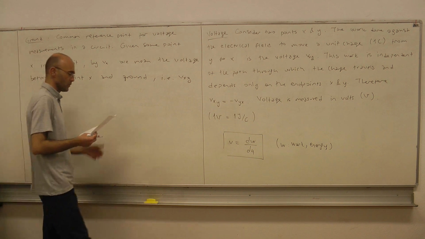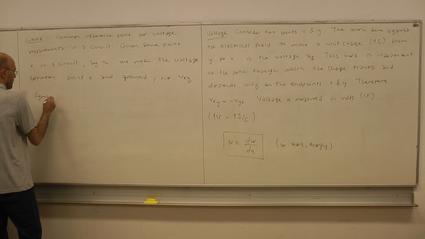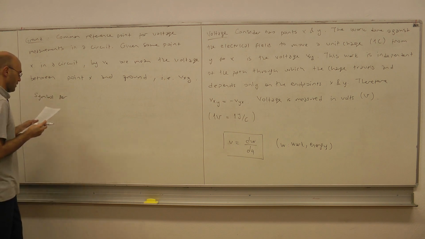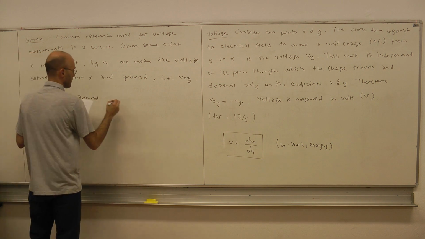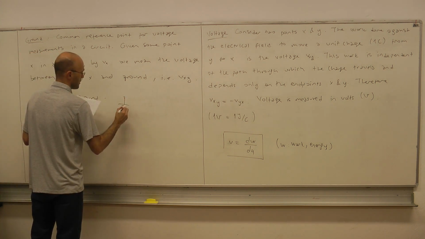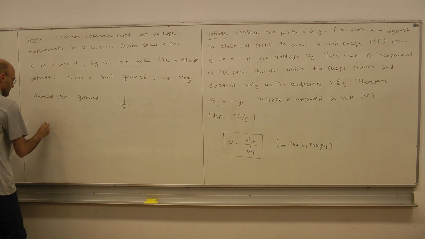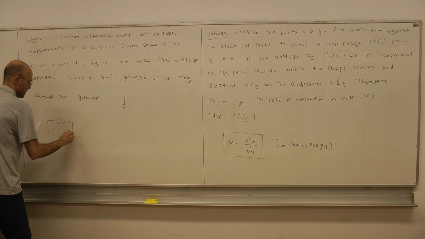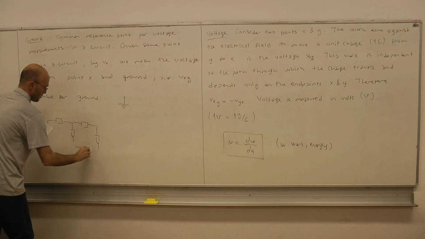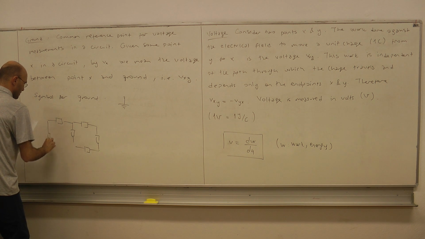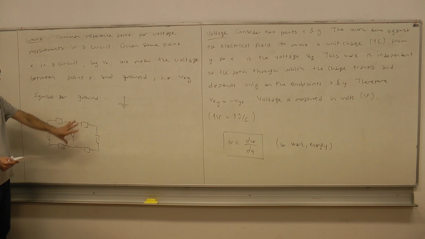The symbol for ground is this. Suppose you have a bunch of components connected to one another.